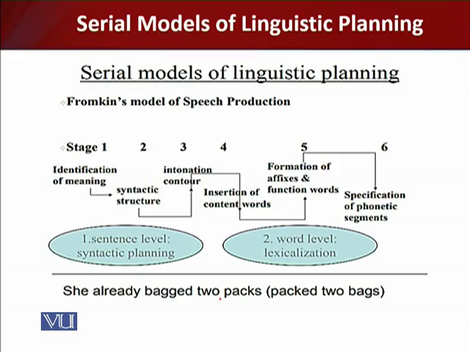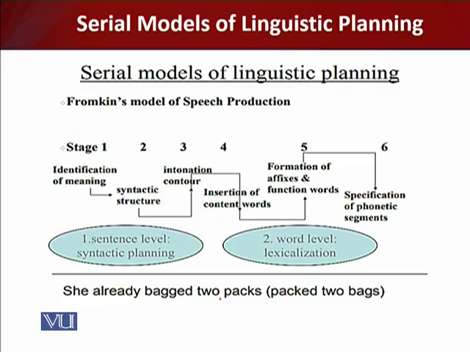In stage 1, the meaning is identified, moving to stage 2, where the syntactic structures are taken care of, then stage 3, the intonation contour. Then stage 4 is the insertion of content words, stage 5 is the formation of affixes and function words, and stage 6 is the specification of phonetic segments.